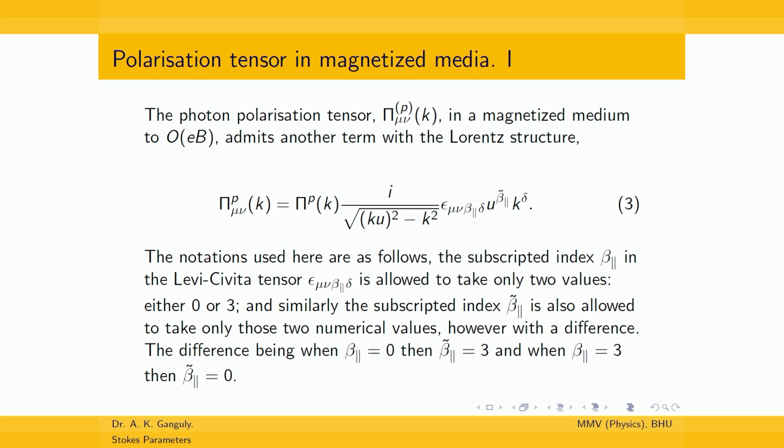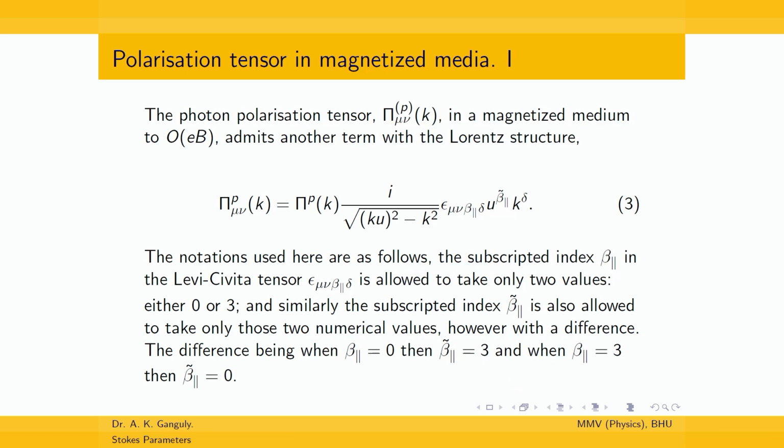The lone k that appears in this expression picks up a sign under k going to minus k, but these two when considered together, then it is even. So, Bose symmetry is satisfied, and the hermiticity here, that is to say complex conjugation of the polarization tensor plus taking transpose, that also is satisfied.